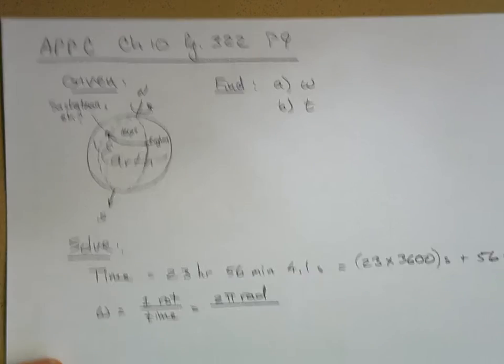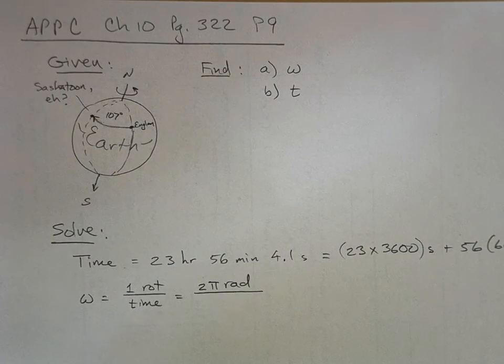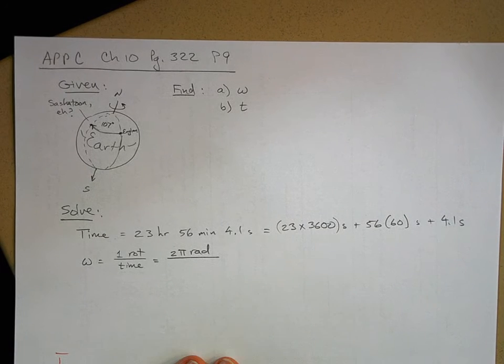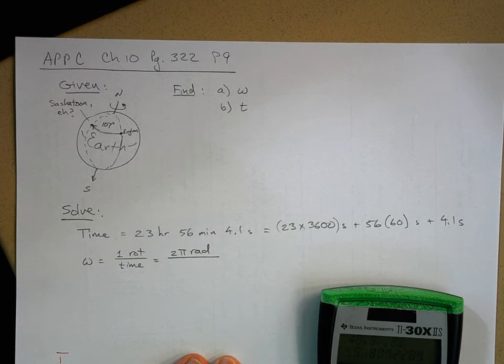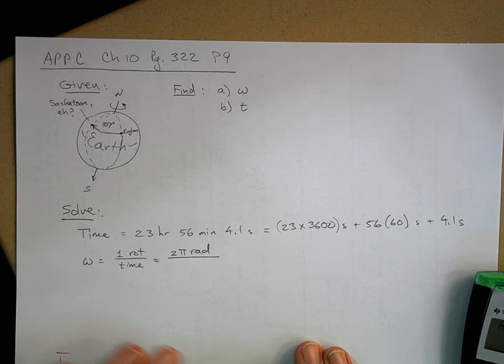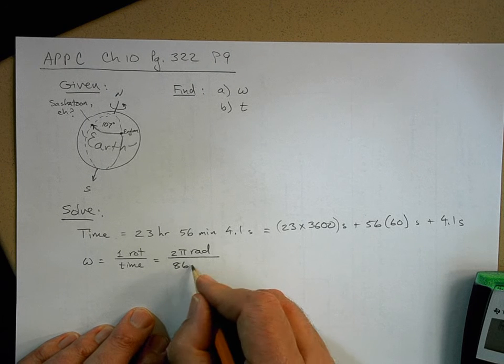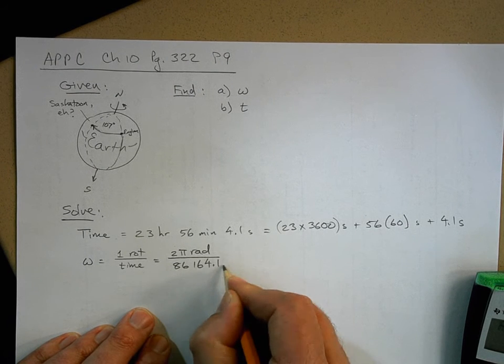And when I do, I'm off screen, sorry. And so when I do that, I go, 23 times 3,600, and then plus 56 times 60, plus 4 plus 1 equals, and I get 86,164.1 seconds.